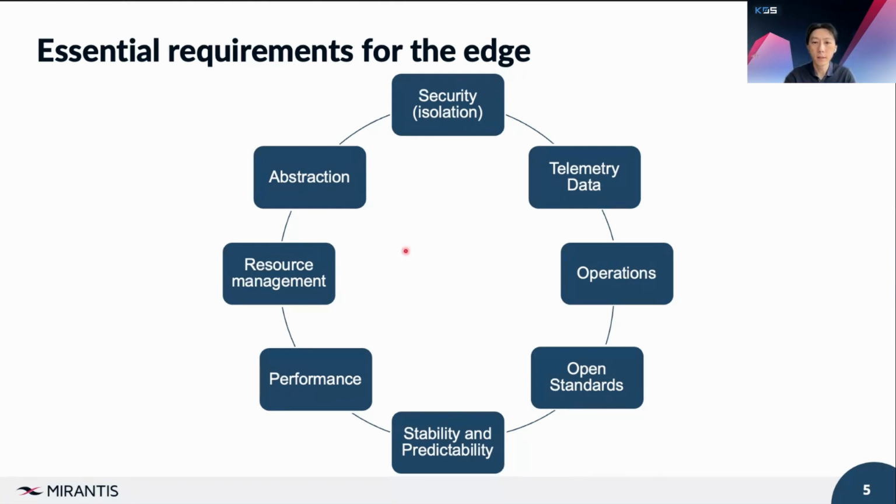resources to it. So with those essential requirements, thinking, yeah, Kubernetes makes sense because it checks all the boxes, right? It's got the stability, it's built for large scale operations. We've got plenty of monitoring within Kubernetes and telemetry. Operations is central.